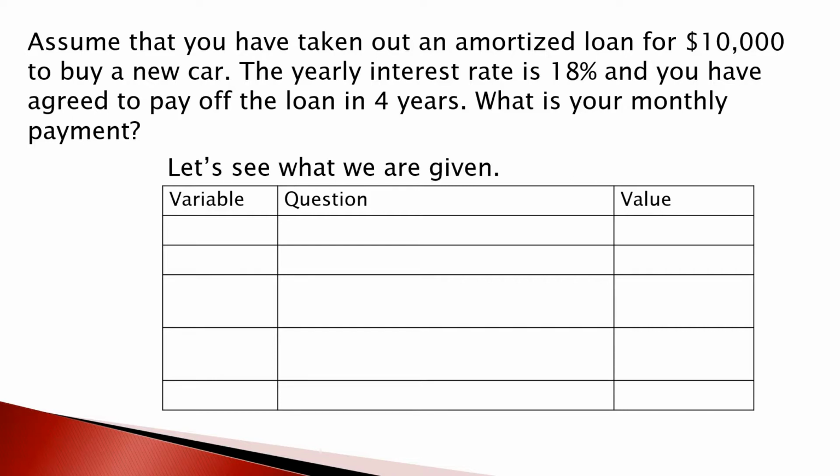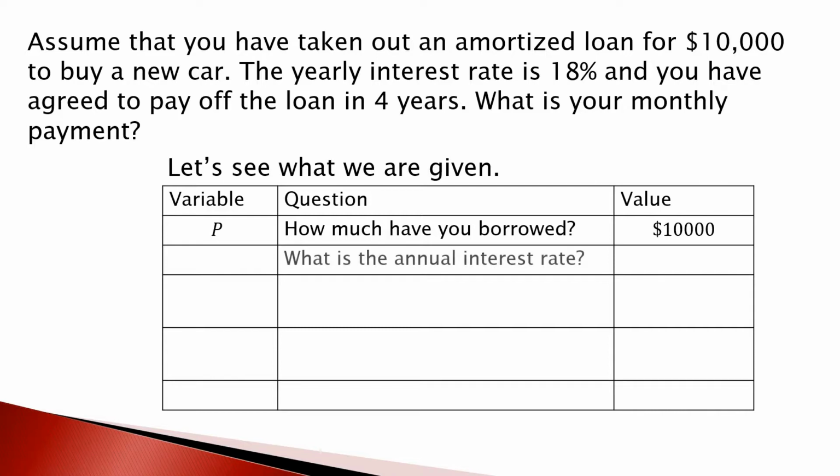Let's see what is given to us in the statement of the problem. We need to answer several questions. How much have you borrowed? This quantity will be represented by big P, and in our problem we're going to borrow $10,000. So capital P is 10,000.